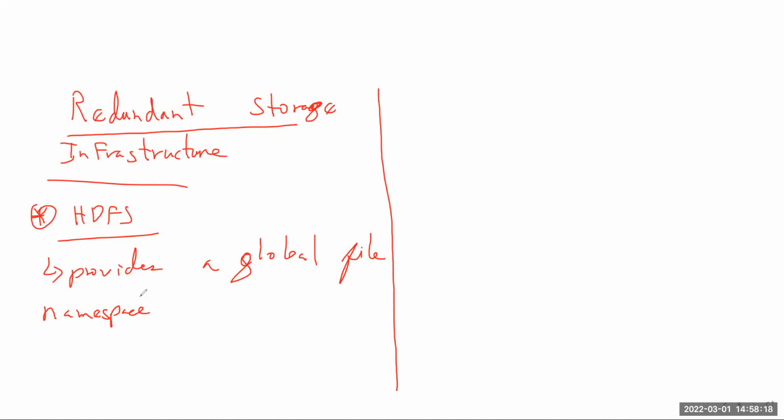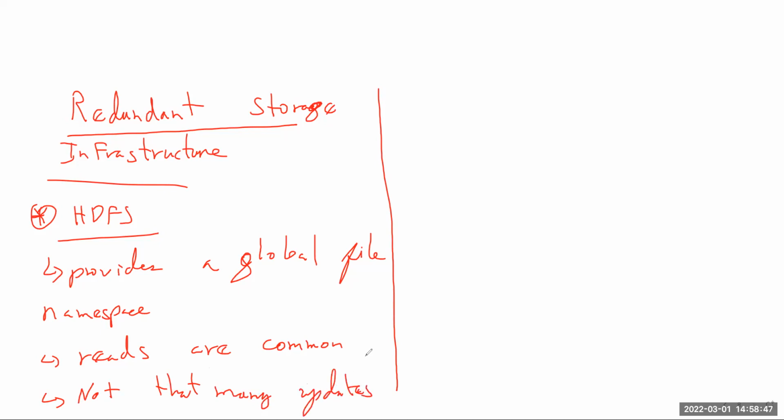So things that are common for the HDFS is that reads are common. Reads are common, so you can read the data, but you don't update the data, right? So basically, not that many updates, let's say.